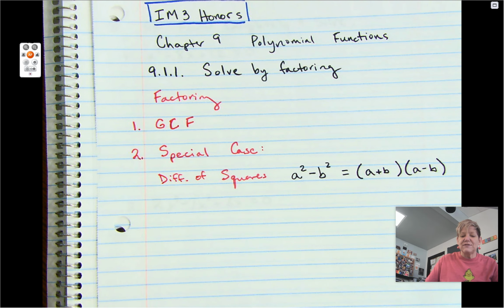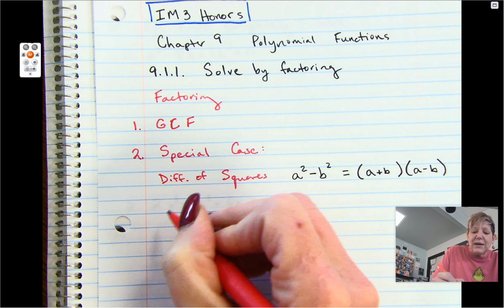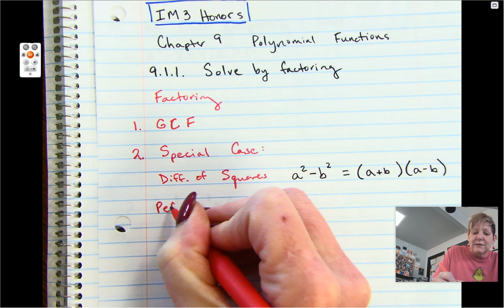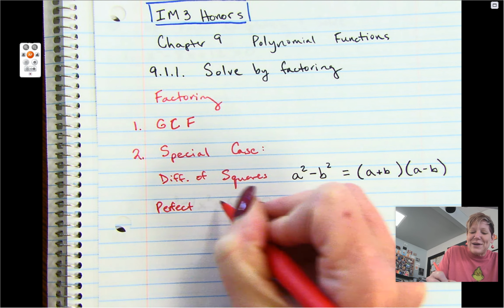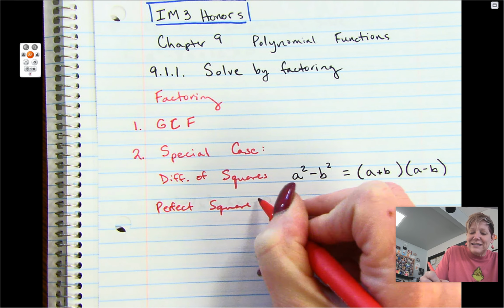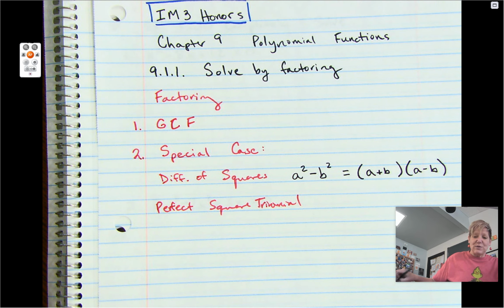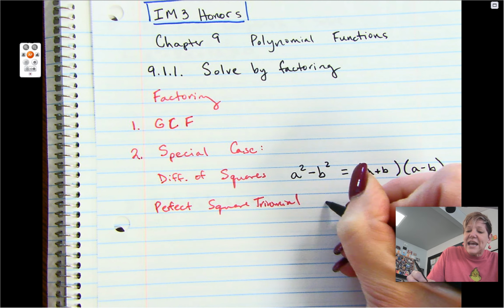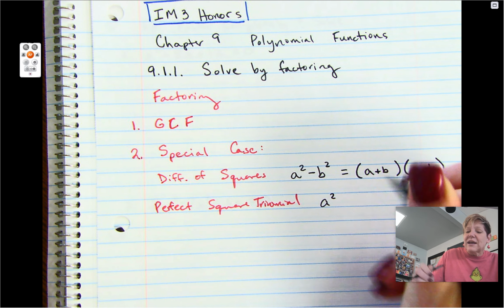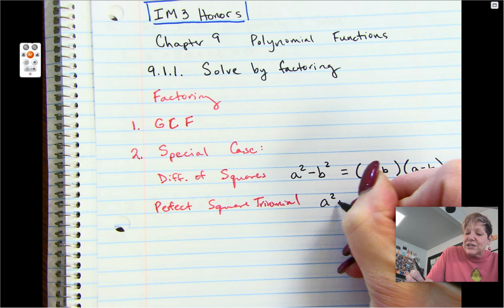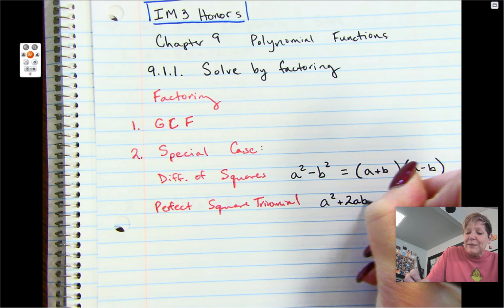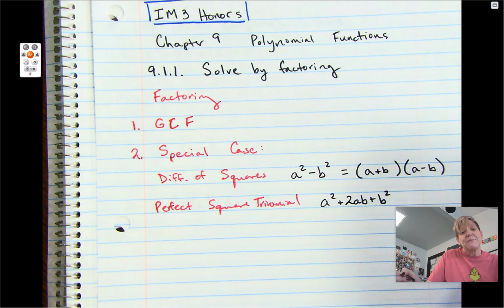Okay, after difference of squares, we talked about a perfect square trinomial. And a perfect square trinomial looks like this: a squared plus 2ab plus b squared.